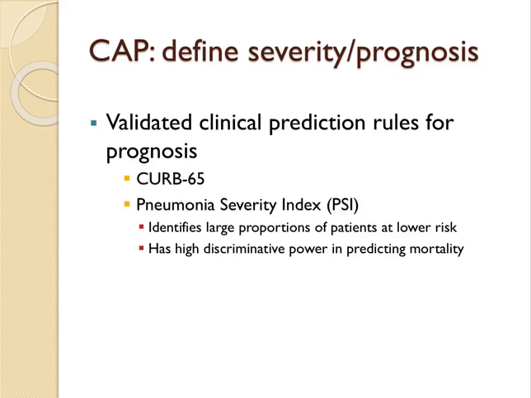The first one is called CURB-65. It's very simple. Pneumonia Severity Index is more cumbersome. I'll show you the table with that. However, the second one, the PSI, has been shown to identify large proportions of patients that are actually at lower risk and can be safely treated as outpatients.